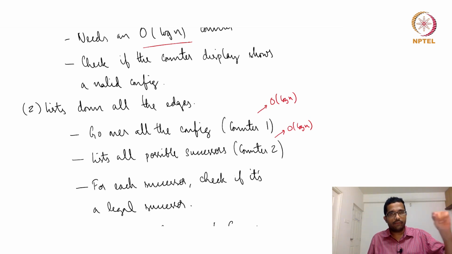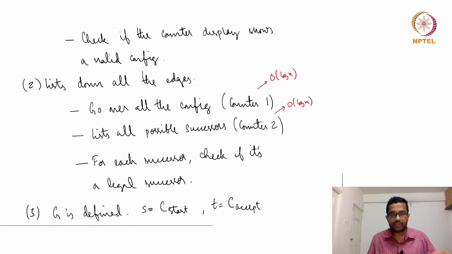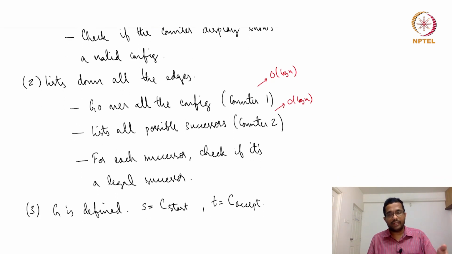When counter 1 is fixed at a configuration, counter 2 checks all the possible configurations. We check whether it's a valid configuration, and then whether it is a successor of the entry in counter 1. If it is a valid successor, you list it down as an outgoing edge, an out neighbor of the configuration in counter 1, and so you get an adjacency list of sorts.